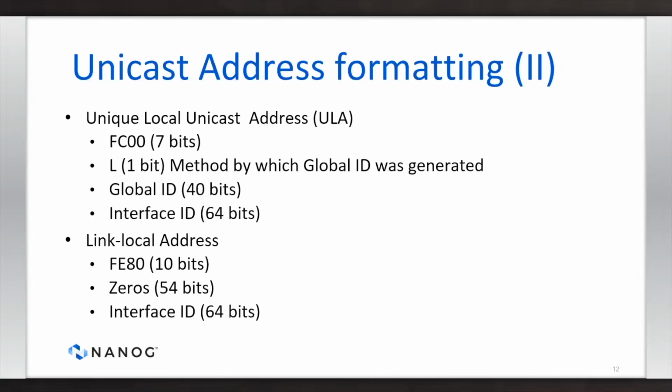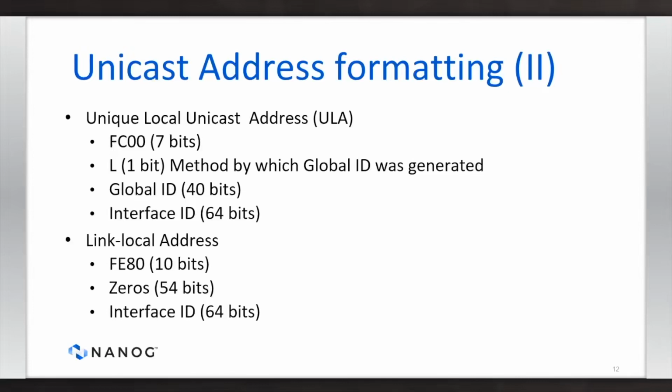Then there's 40 bits that has this global ID. The global ID identifies the subnetwork. Now, one thing that we might note here is global ID is a bit of a misnomer. If it was generated by some random method, how do you know that it's global? Well, you really don't. You just know that 2 to the 40th is a really big number, and it probably is. And then an interface ID, 64 bits.